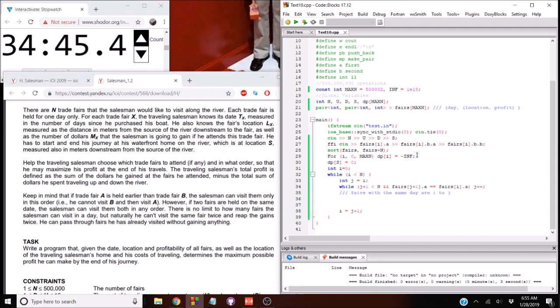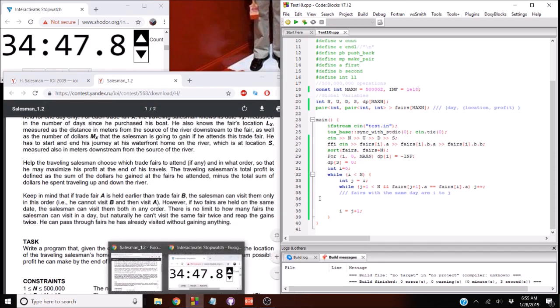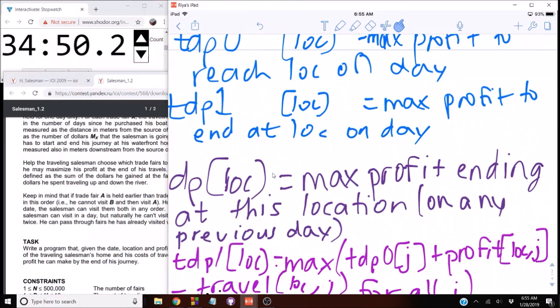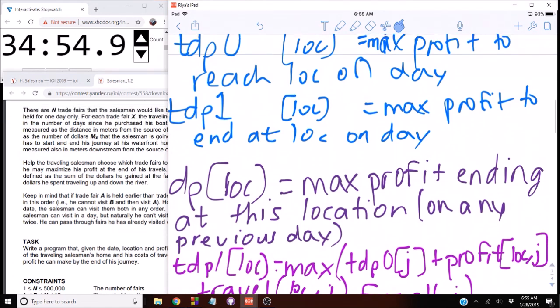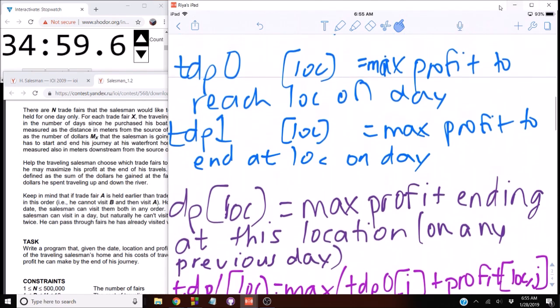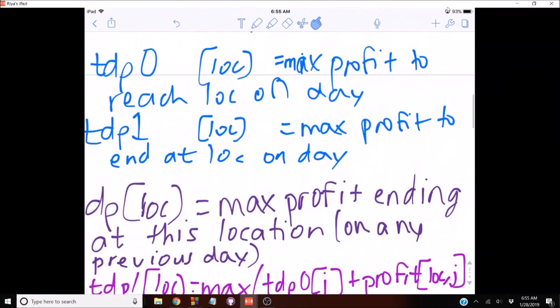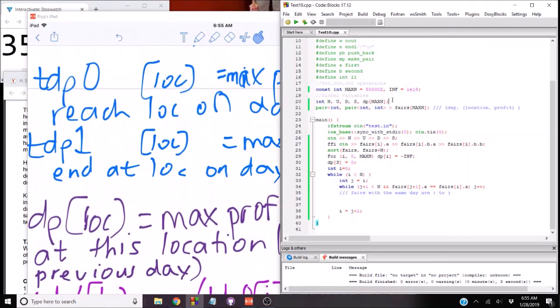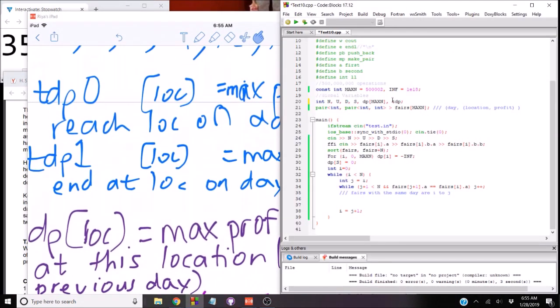Okay, so then the next thing I need is TDP 0 and 1, and these things seem like they have to be reset every day. Not exactly sure how to reset those, but I guess I'll figure that out as I'm coding.